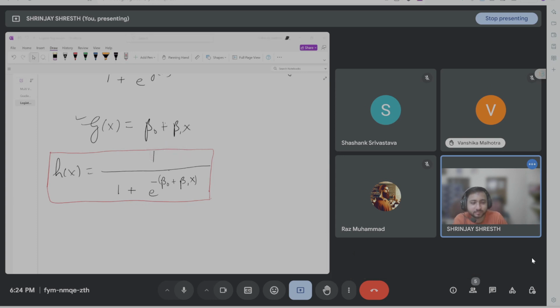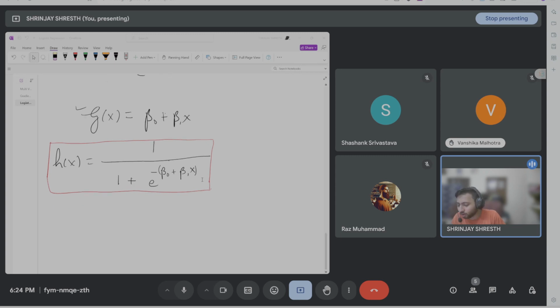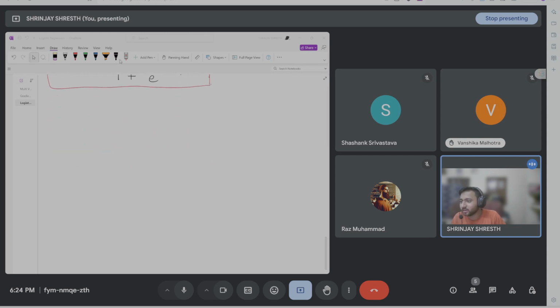See, so let us see what would happen to our error function. Let me recall it for you. Your loss function J, what was your loss function?